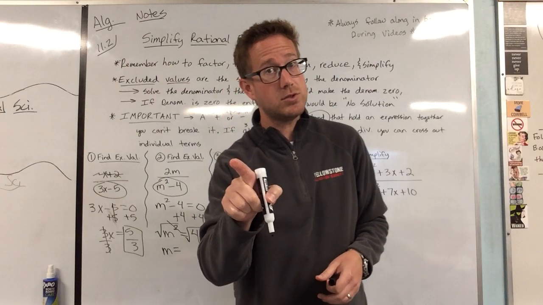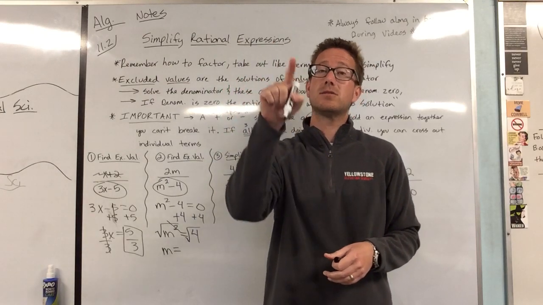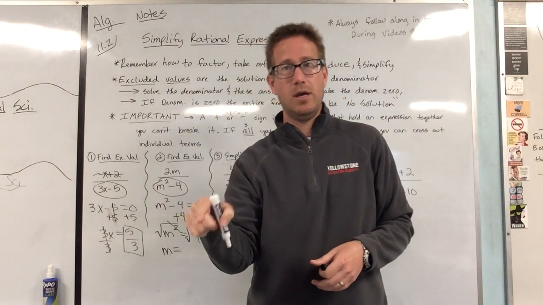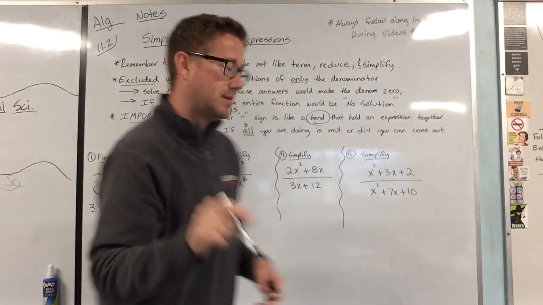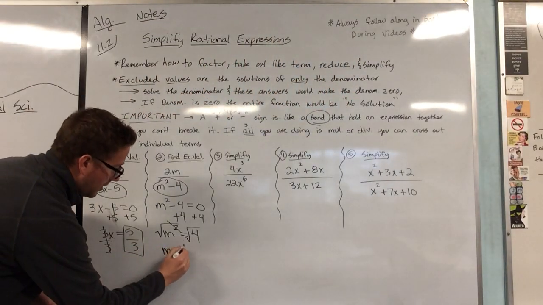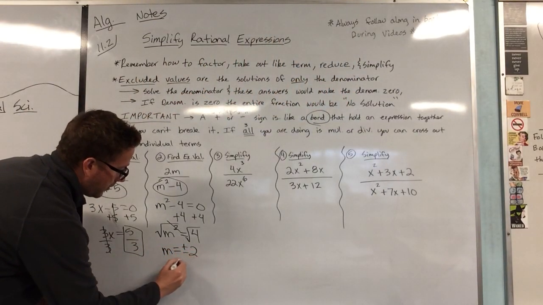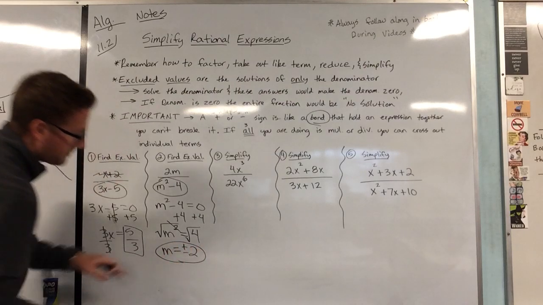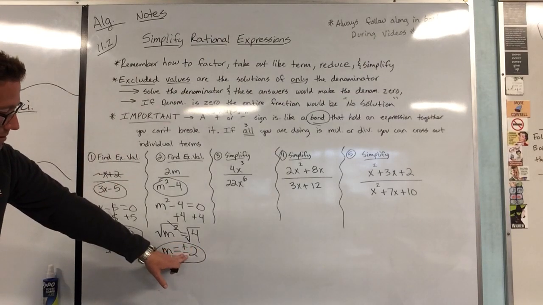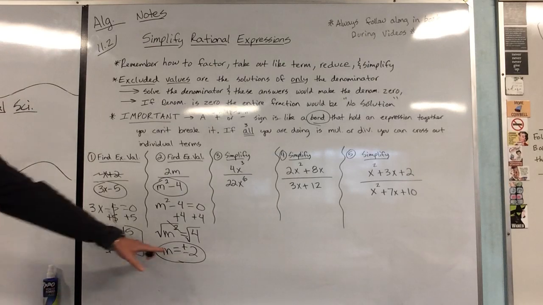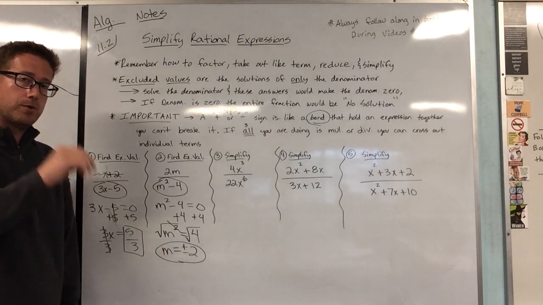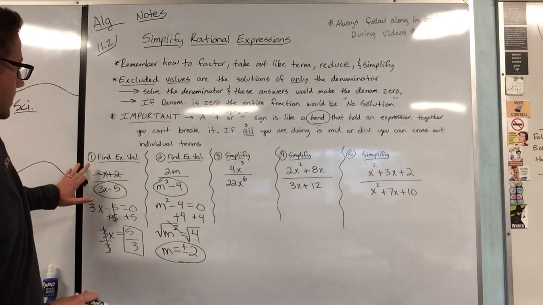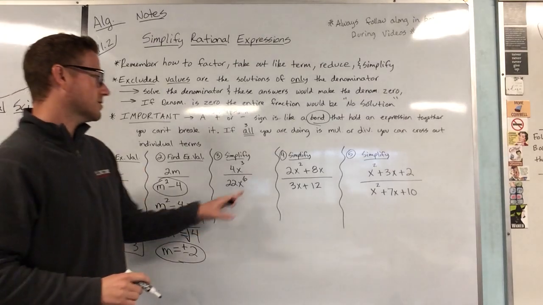If you just say 2, that's not correct. It's 2 and negative 2. So that's plus or minus 2. I have to show both parts, plus and minus 2. Okay, so that deals with the first two examples, finding the excluded value.